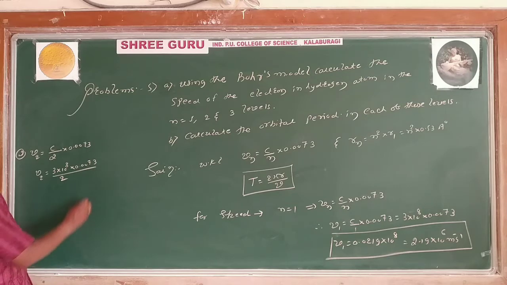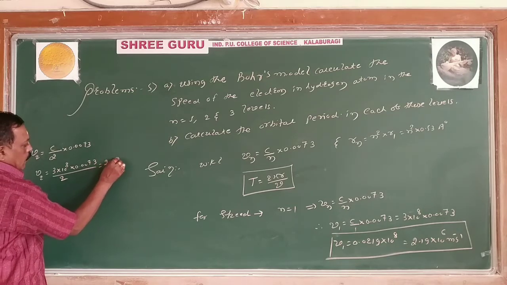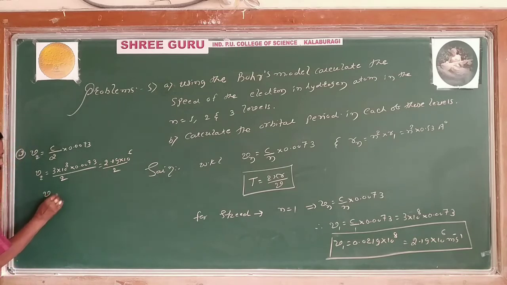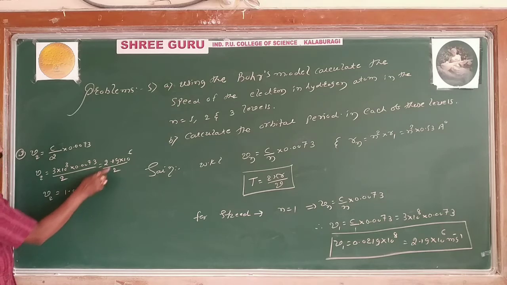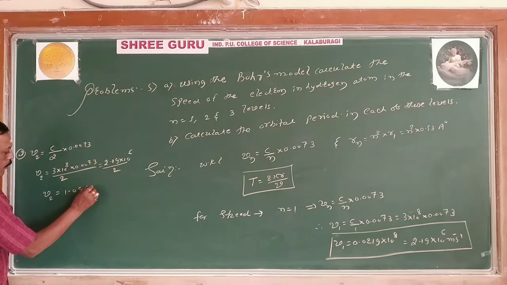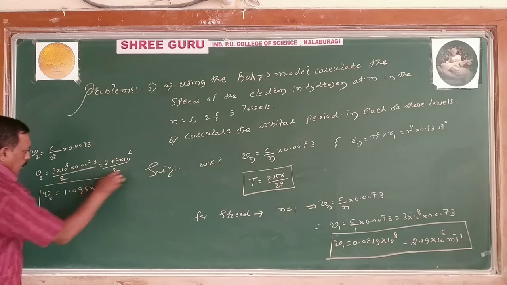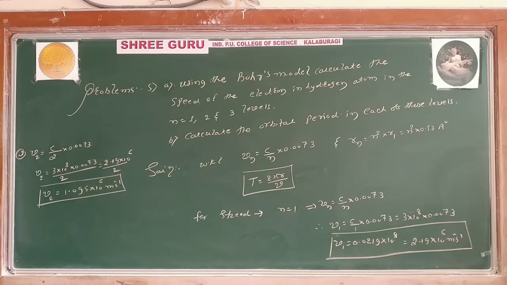How much? This is 2.19 into 10 to the power of 6 divided by 2. V2 equals to 1.095 into 10 to the power of 6 meter per second. That is correct, no problem. Take a look once.